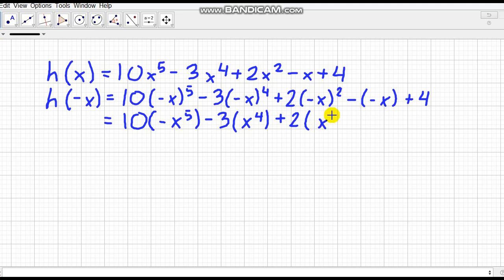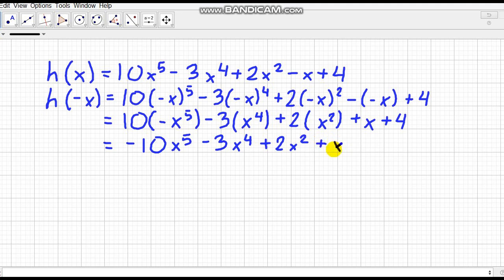So x squared, minus negative x; negative times negative becomes positive x, plus 4. So let's simplify everything. 10 times negative x raised to the 5th power is negative 10x raised to the 5th power. Then negative 3x raised to the 4th power, plus 2 and positive x squared, so 2x squared, plus x plus 4.